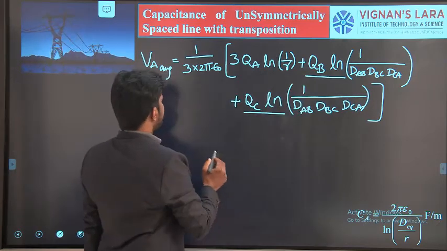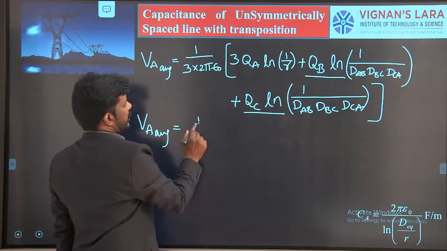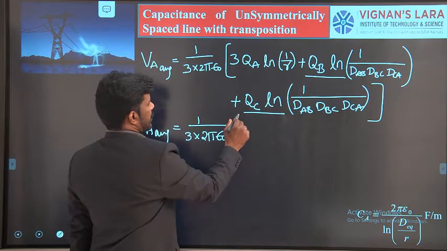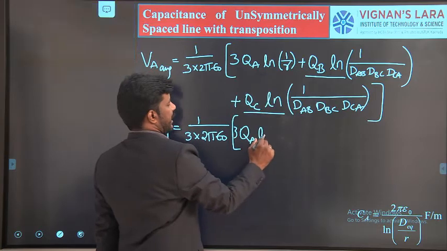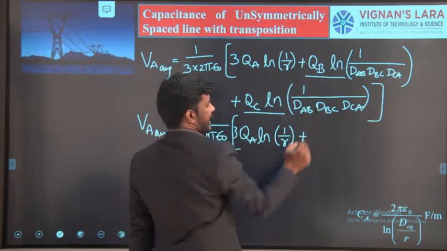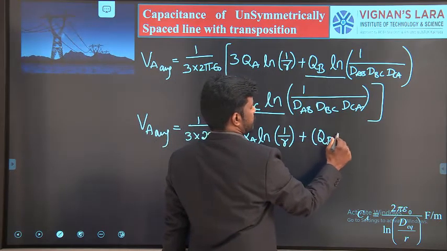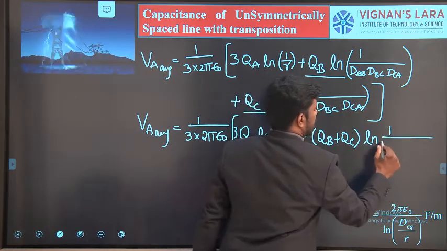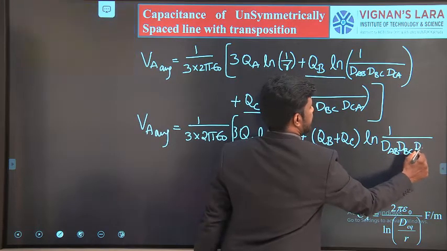Then you can write the average potential of conductor A as 1 by 3 into 2 pi epsilon naught of 3 QA ln of 1 by R plus, taking the natural logarithmic term as common, the coefficient QB plus QC times ln of 1 by the product of all 3 distances DAB, DBC and DCA.